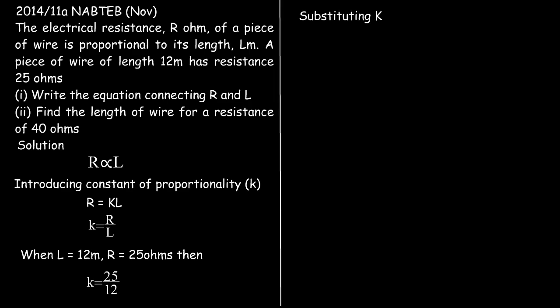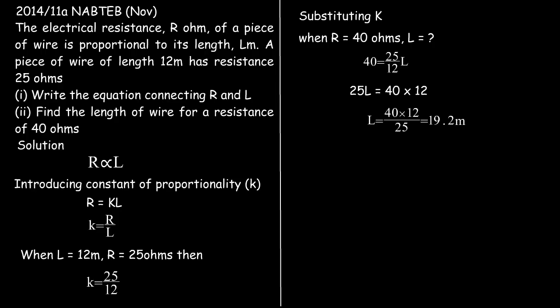Now substituting the value of K when R is equals to 40 ohms and L is unknown, 40 will be equals to 25 over 12 L. Cross multiplying, 25 L will be equals to 40 times 12, and dividing both sides by 25, L will be equals to 40 times 12 divided by 25, which is 19.2 meters.